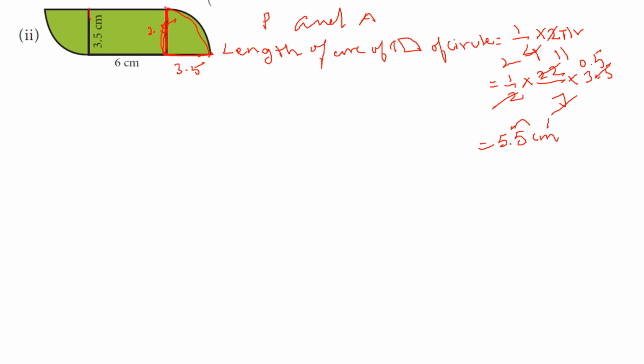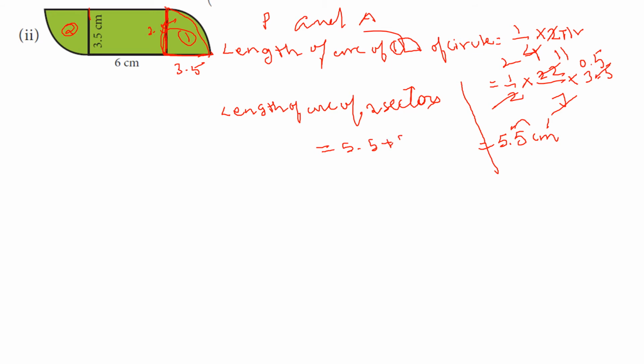Here 2 quadrants of the circle are given. So the length of arc of 2 sectors equals 5.5 plus 5.5, that is 11.